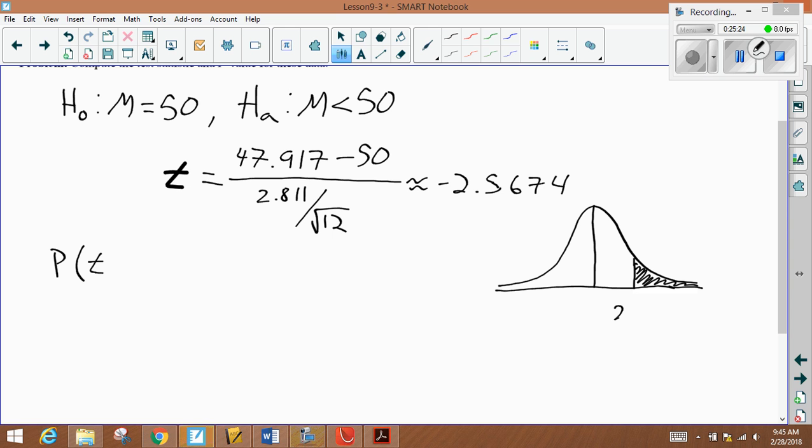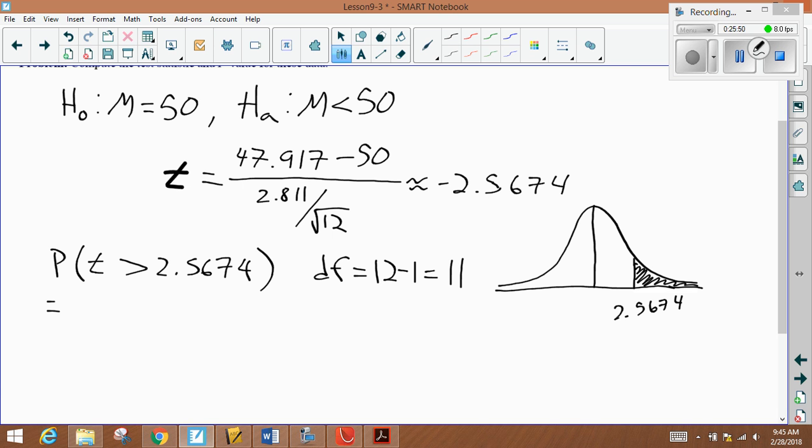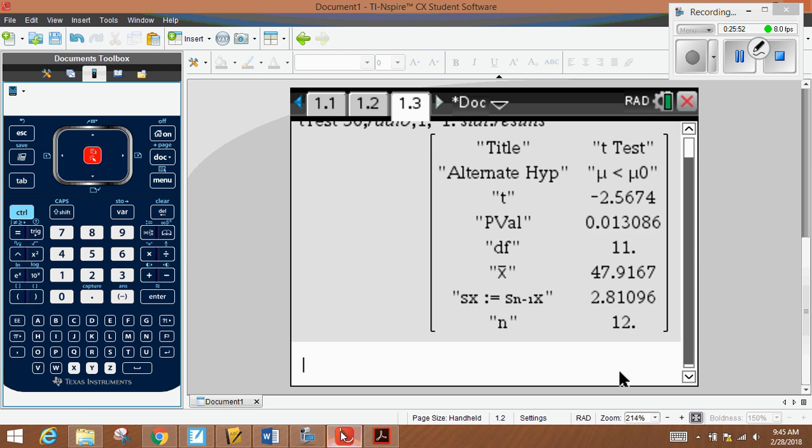This is actually 2.5674, right? So I'm actually looking at the probability that t is greater than 2.5674. And we're using degrees of freedom equal to 12 minus 1, or 11. This probability has been given to us by our calculator, and that is 0.013.